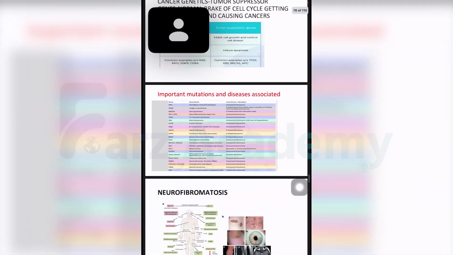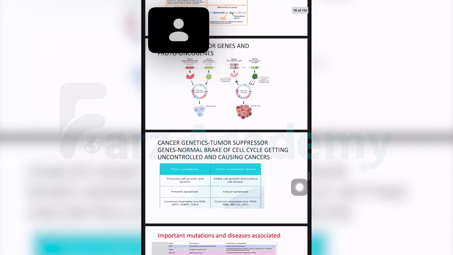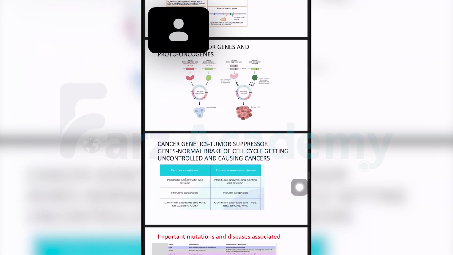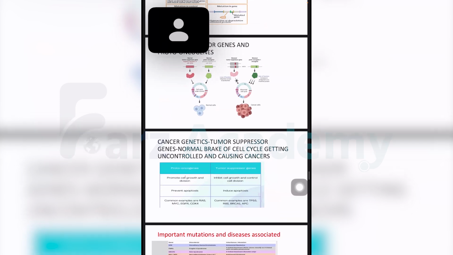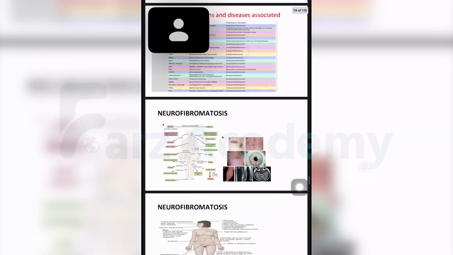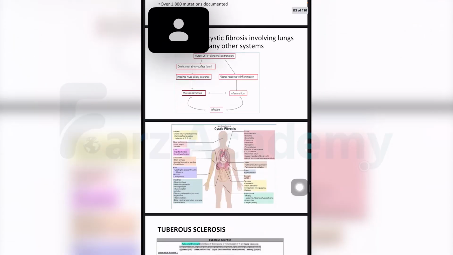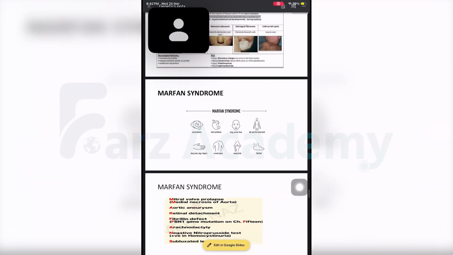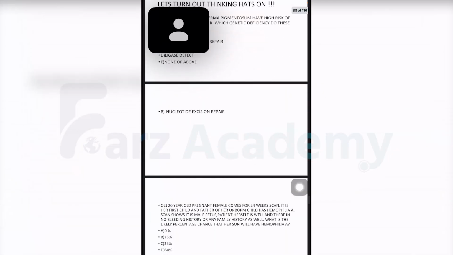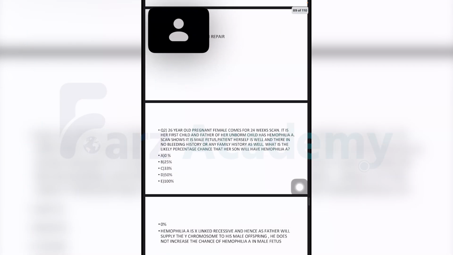Now tell me, out of tumor suppressor gene and proto-oncogene, which should have a loss of function mutation to give me a cancer? Tumor suppressor gene. Very good. Okay. A person comes to you with a lens dislocation, superotemporal, tall, Marfan's.